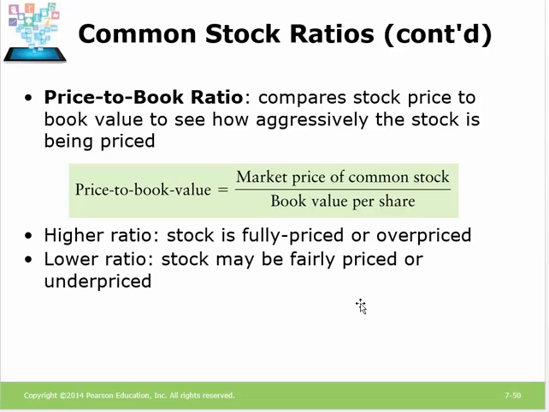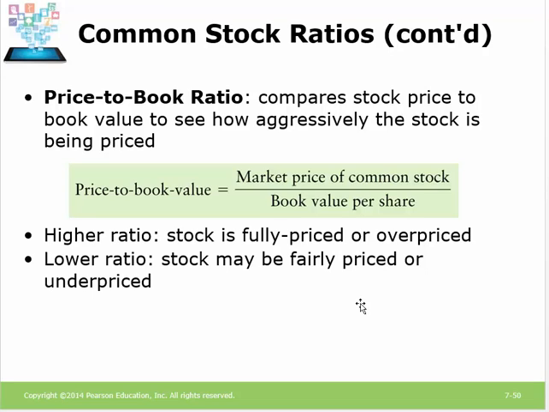A higher ratio means that this stock might be fully priced or overpriced. The higher the number, the more expensive the stock is to buy. And obviously the lower the number, the more likely it's underpriced.